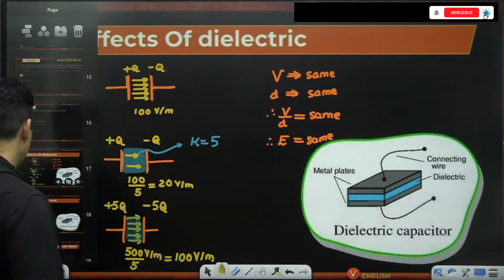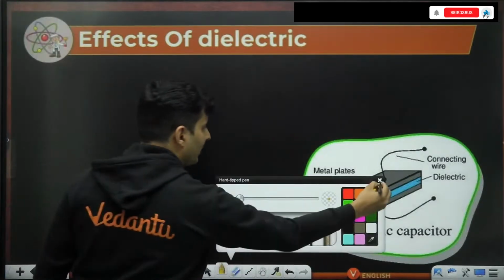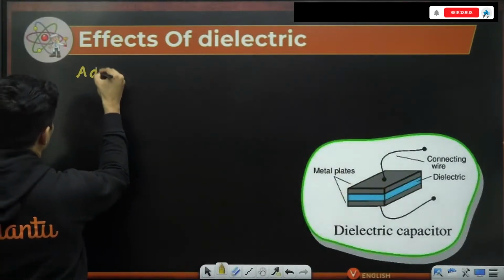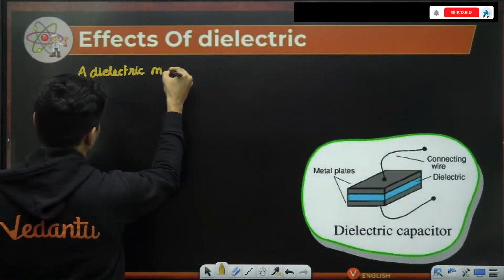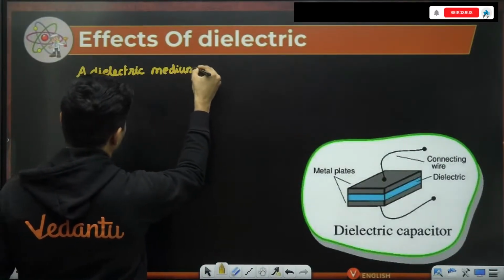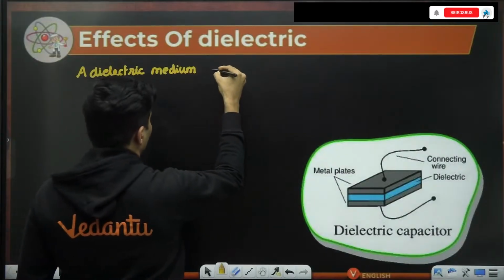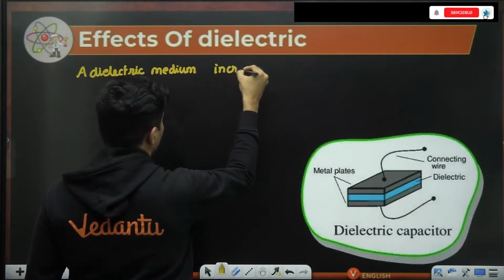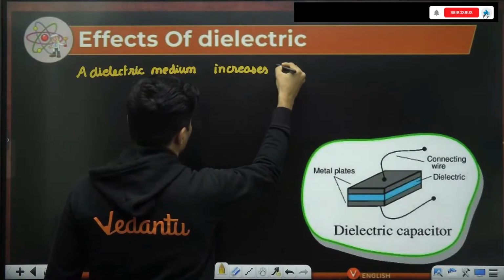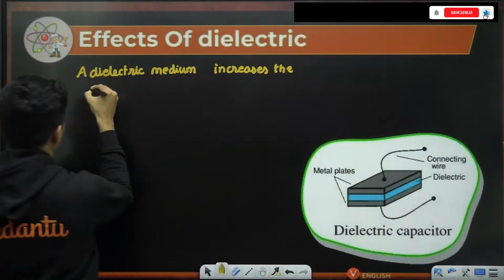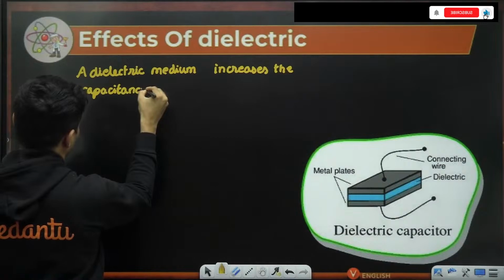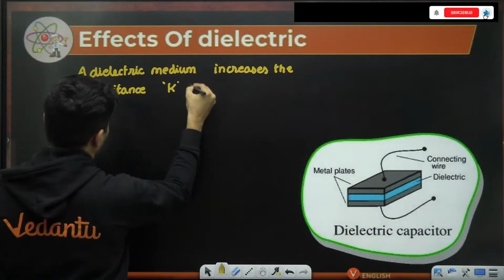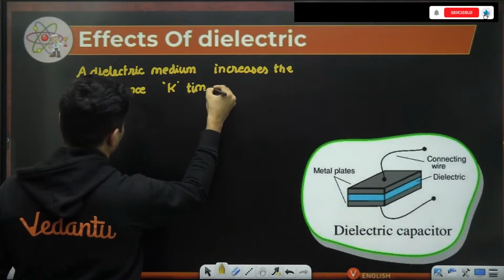So the dielectric medium increases the capacitance K number of times.